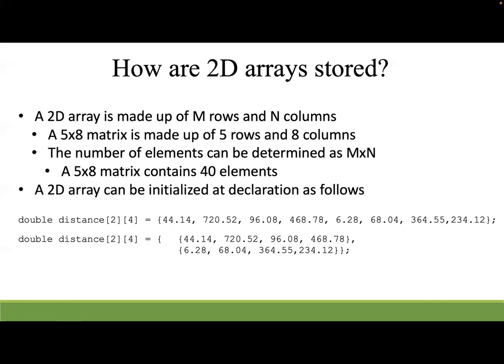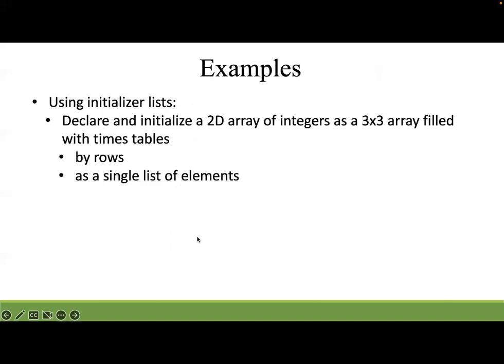And so the size of our array, of course, is determined by the number of rows and the number of columns. And what this probably hints at is how those values are put into memory. So it doesn't matter if we specify them all as one long initializer list or a series of row initializer lists.